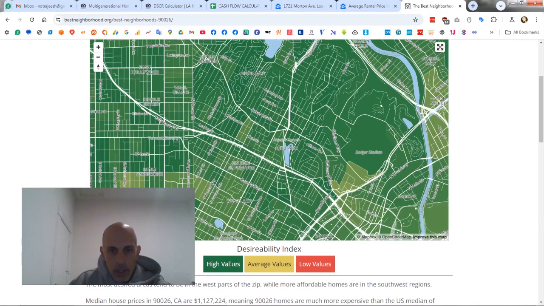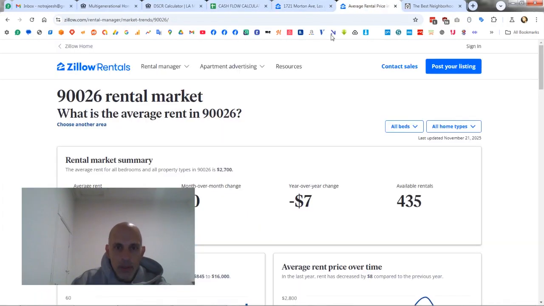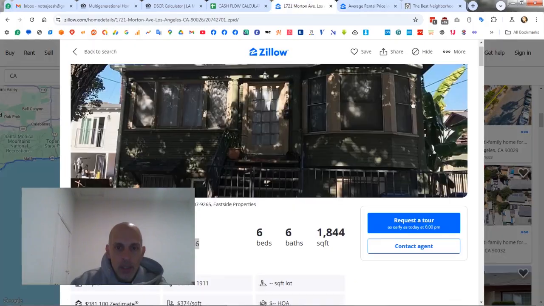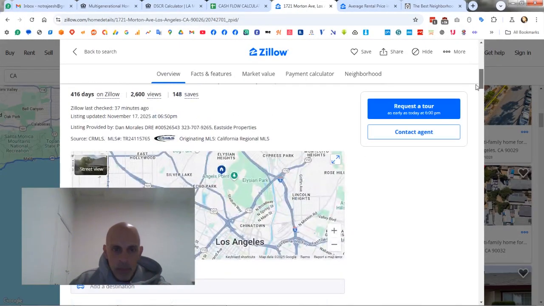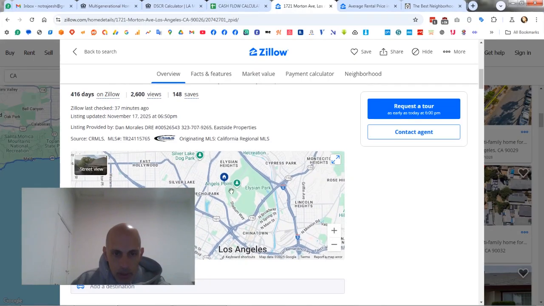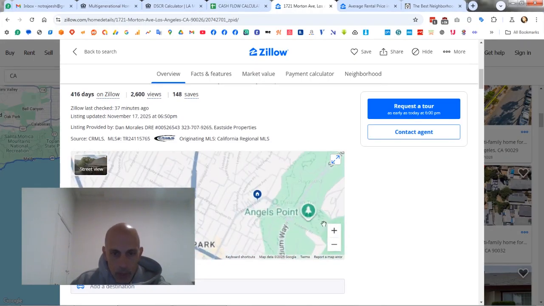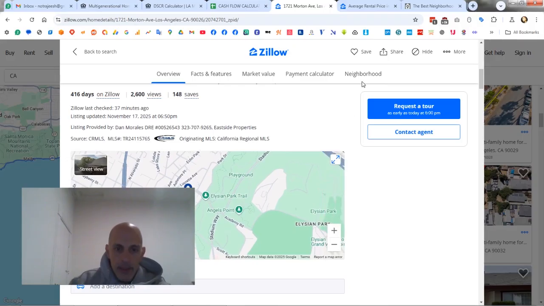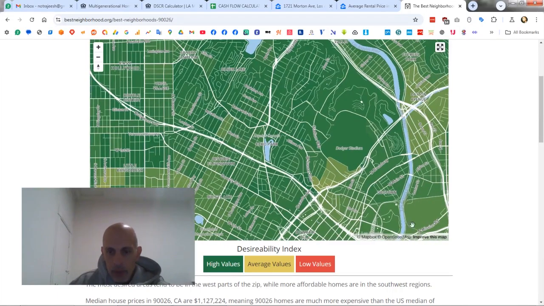So if it's sort of the darker the color, the better the area. Let's see where this is on the map here. Right, so you've got Elysian Park, Angels Point, right there, Stadium Way. So this is like right over here.